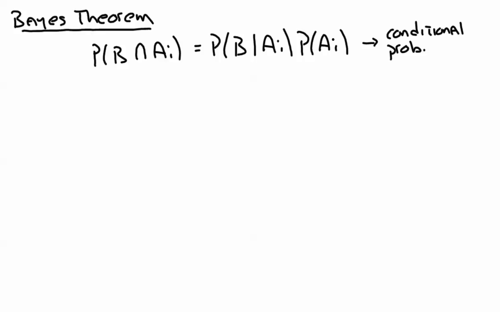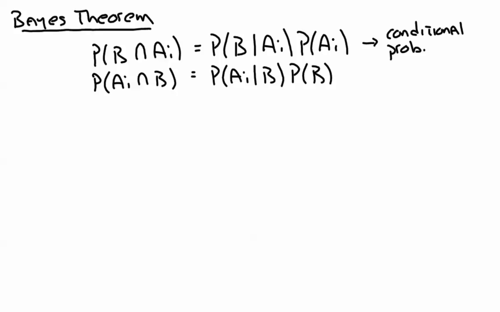Likewise, probability of A sub I intersecting B is probability of A sub I given B times probability of B. This is also simply a statement of conditional probability.